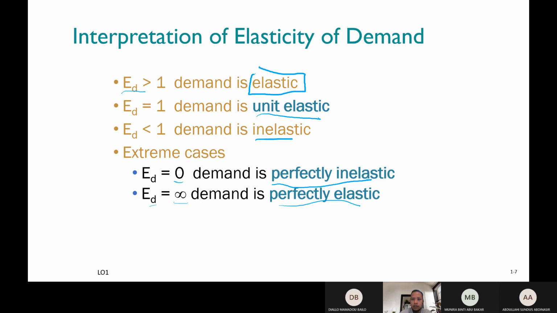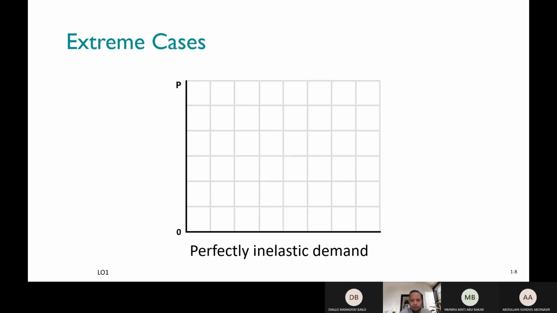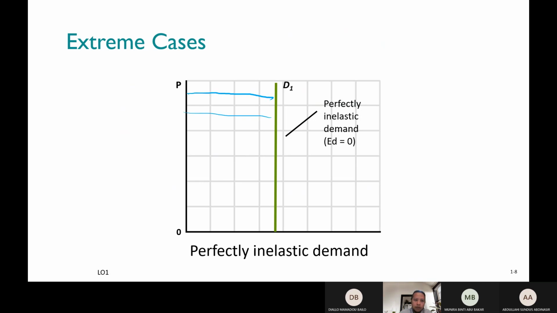So we'll look at the extreme cases. This is an example of a perfectly inelastic demand. It means that no matter what the price is, the quantity demanded doesn't change.